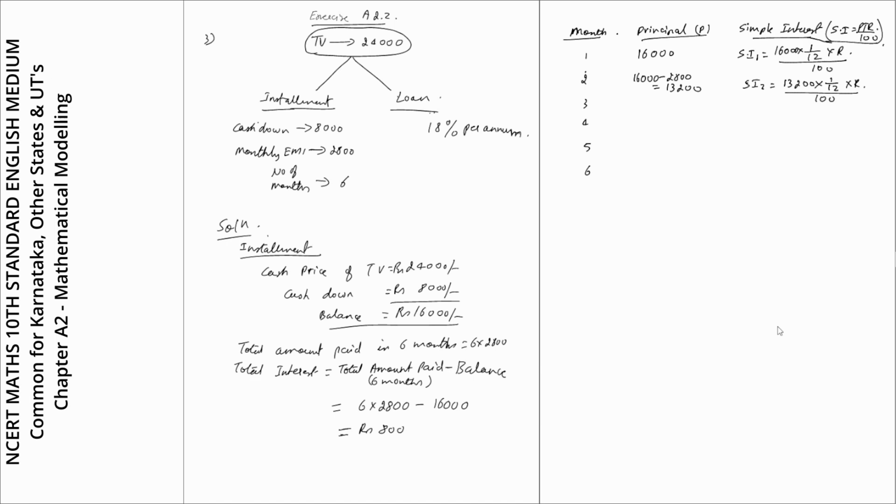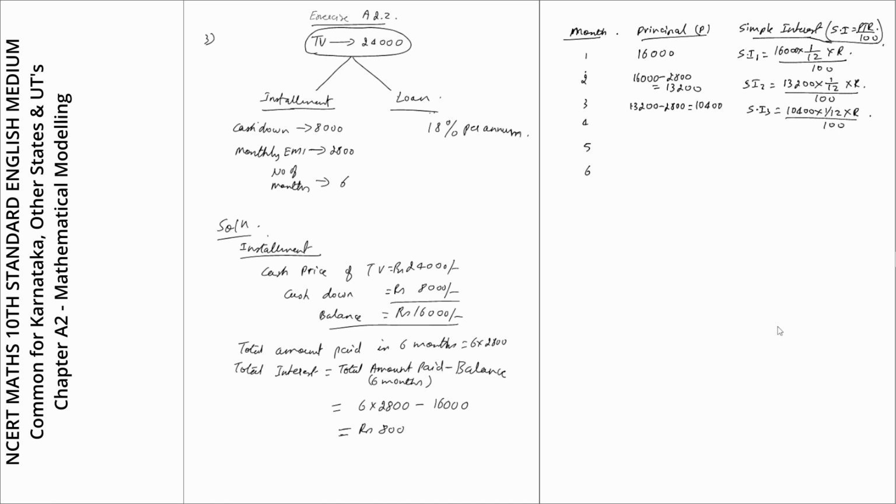Now in the third month the principal will be equal to 13,200 minus 2,800, so this gives 10,400. So in the third month the simple interest will be equal to 10,400 into 1 by 12 into r by 100.